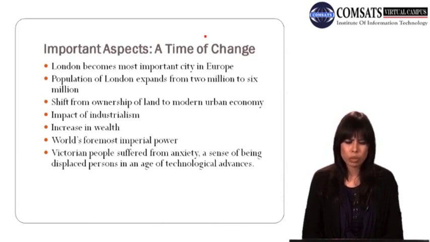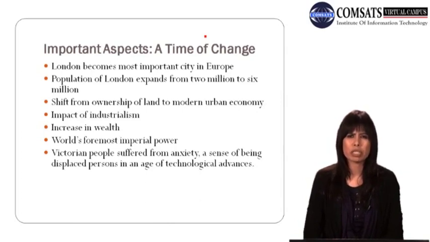Basically, why were they feeling the anxiety? Because they had a sense of being displaced persons in an age of technological advances. Technology was at its peak during the Victorian era, so people felt a lot of anxiety because they felt displaced, as they were nowhere during the advancement of technologies.